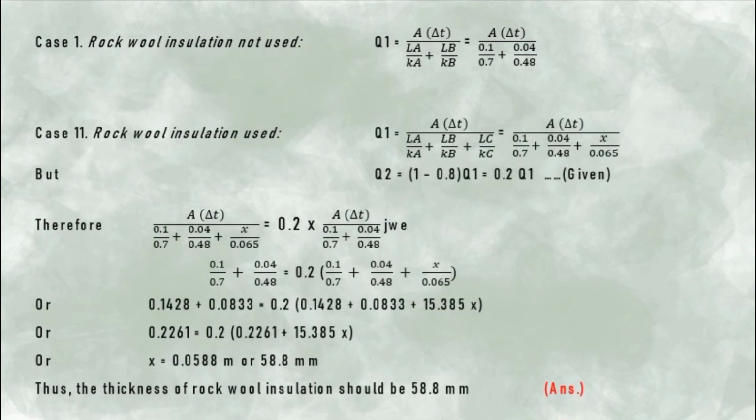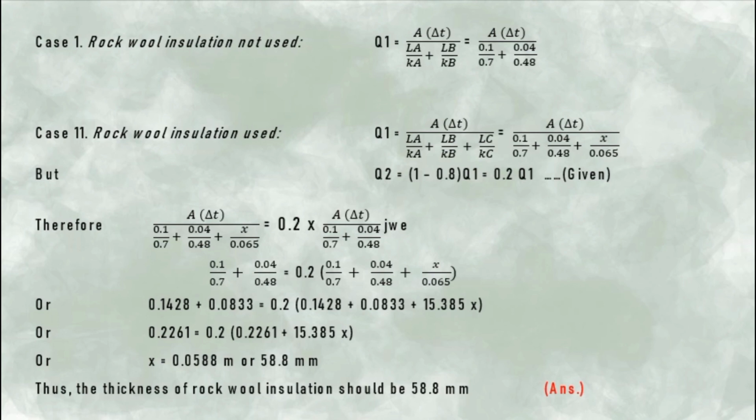Now for our case 1, we have no rock wall insulation used. For the initial heat, we have this equation. For our case 2, we have rock wall insulation used. We have also this equation, same as case 1.